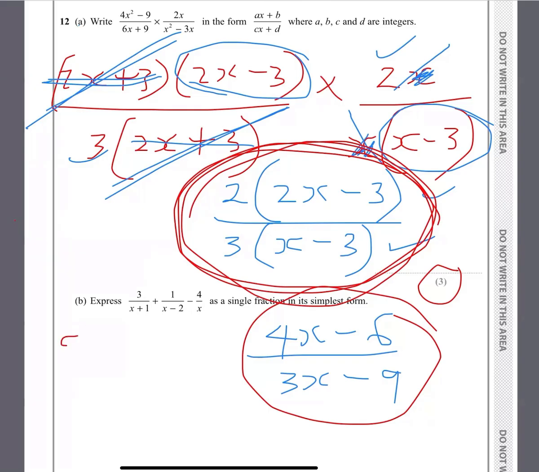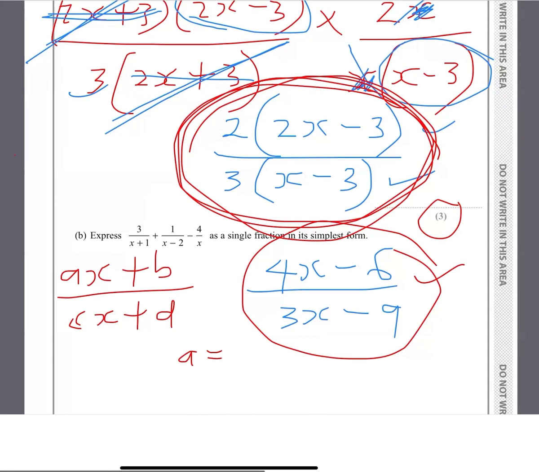Now if you say ax plus b over cx plus d, as we have gotten this answer here, your a is equal to 4, your b equals minus 6.